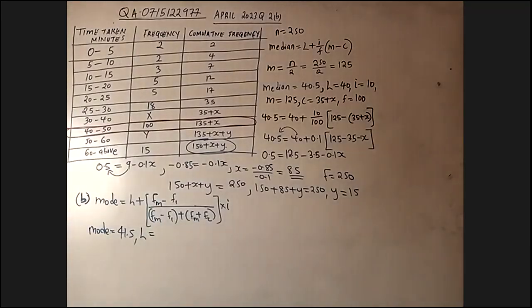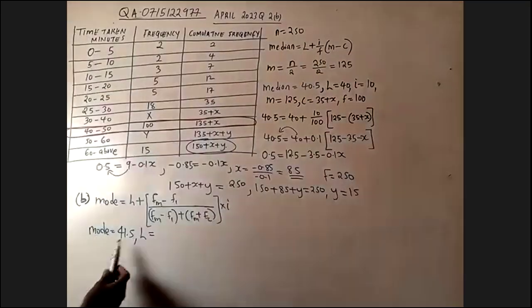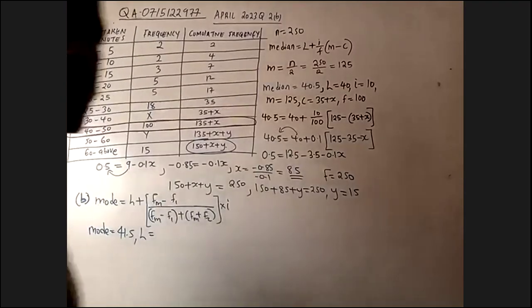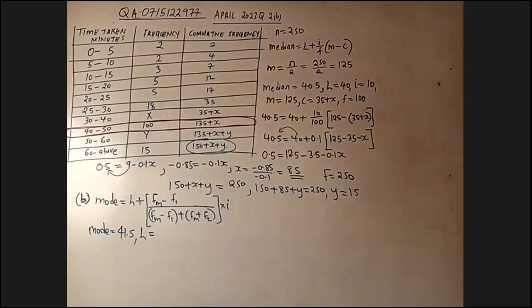Our L? The mode is 41.5, meaning it is in the same class, between 40 and 50. So what is our L? Yes, 40.